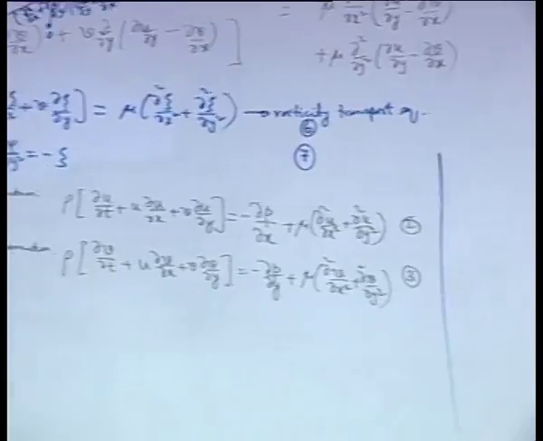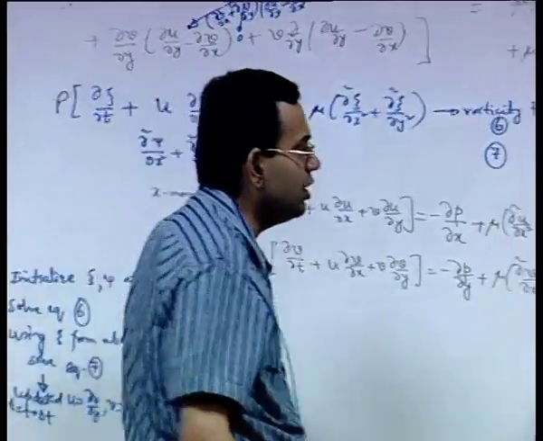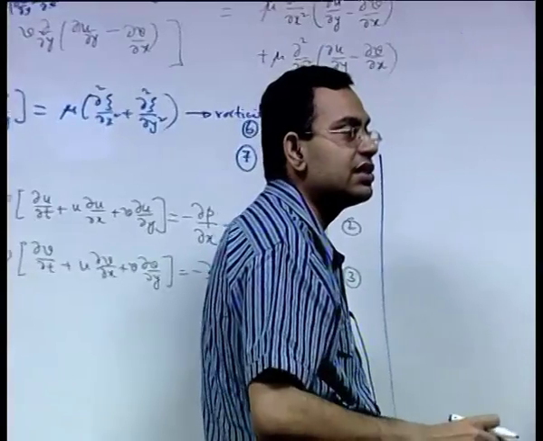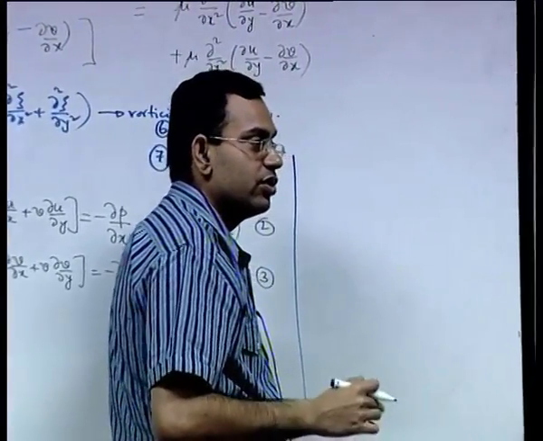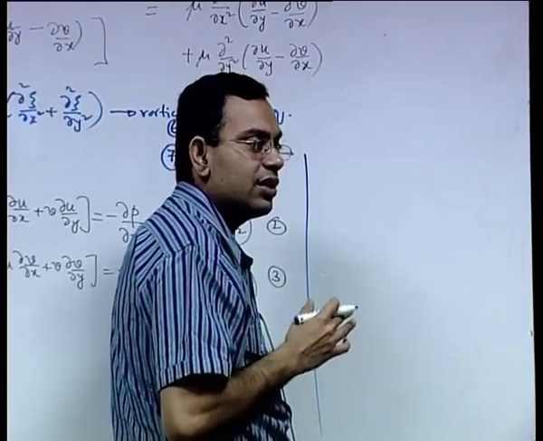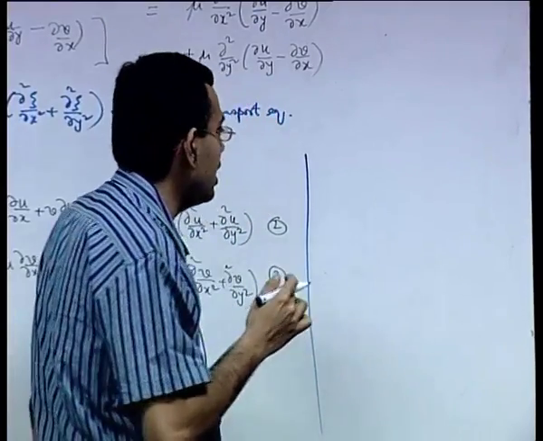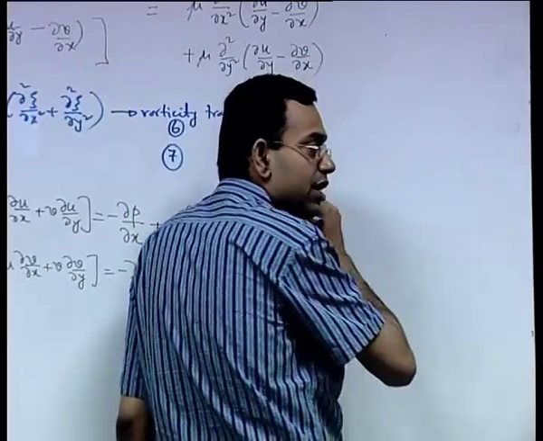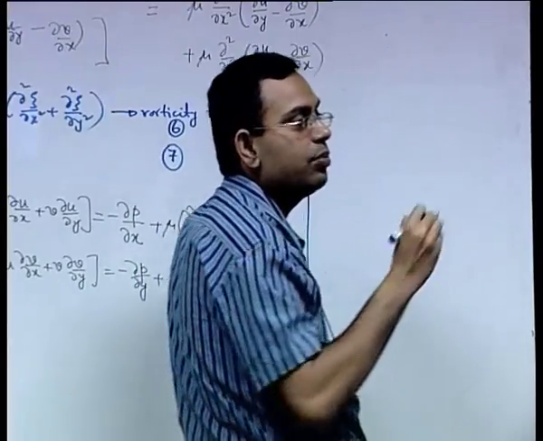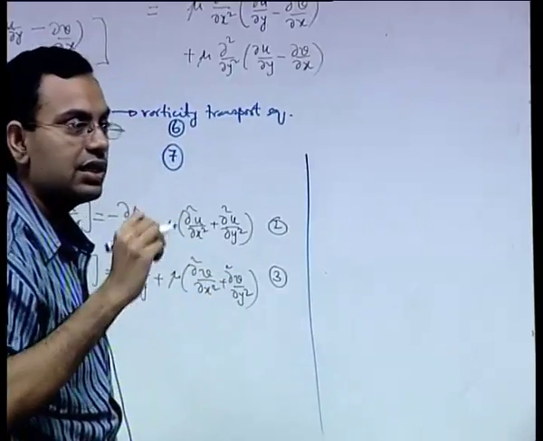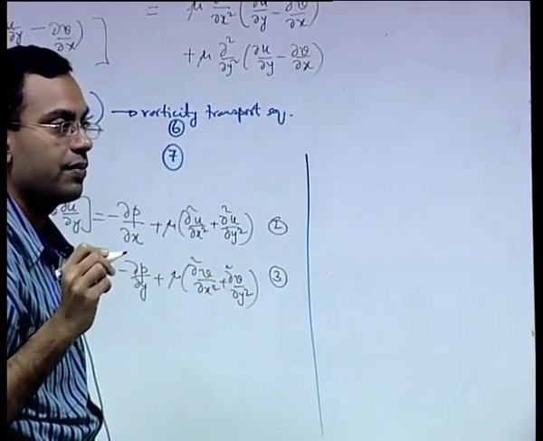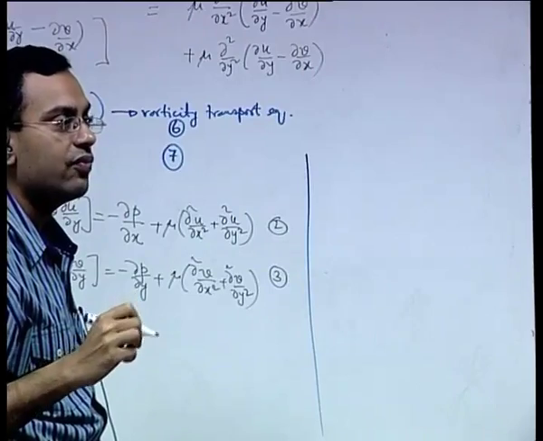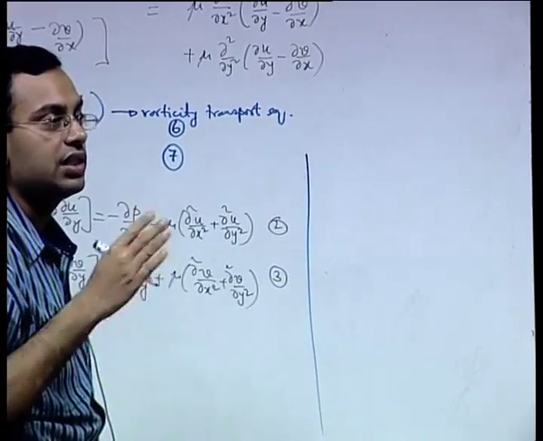We can give boundary condition on stream function by noting that the solid boundary is like a streamline. So if you recall, what are the streamlines? Streamlines are lines such that flow is always tangent to it at any point, the velocity vector is always tangent to it at any point. That means you do not have any flow normal to the streamline.